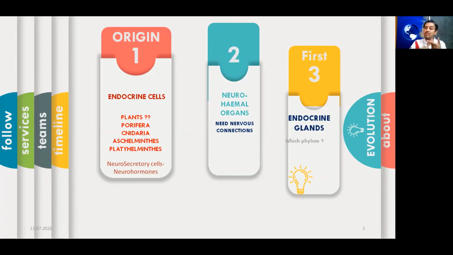So the hormone is released only when the nervous stimulation is present. Such organs are not termed true endocrine glands, they are termed neurohemal organs. So the corpora allata and corpora cardiaca present in cockroach are examples of these neurohemal organs. So the question arises, which was the first phylum to show presence of endocrine glands?